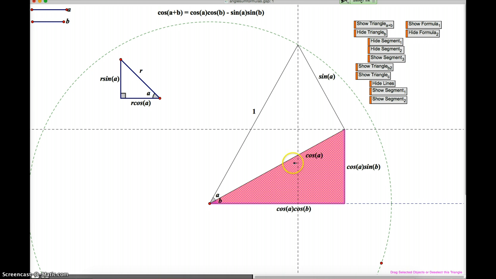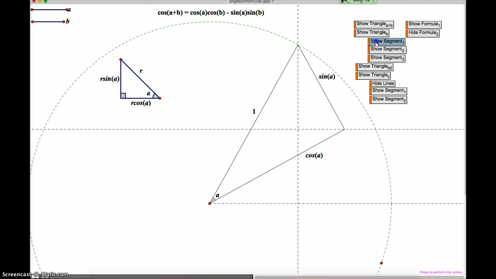We will see that the hypotenuse of this triangle, since it is the base of the original triangle, has to be the cosine of A. Based on the relationship we mentioned previously, that makes this side opposite the angle B the sine of B times the radius, which is the cosine of A. We're going to utilize this one for the proof of sine of A plus B. So we're going to hide this triangle and pull that segment back up for future reference.